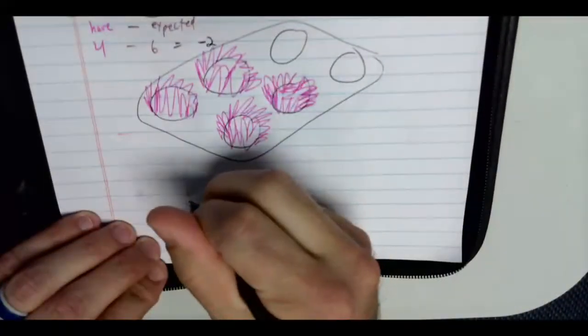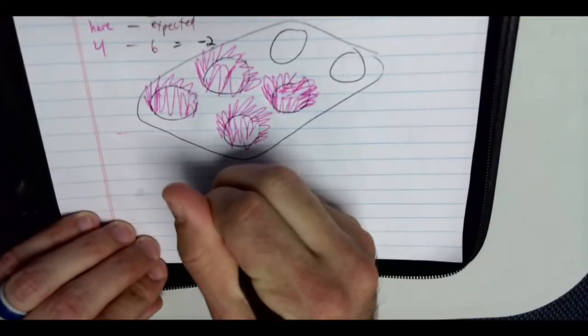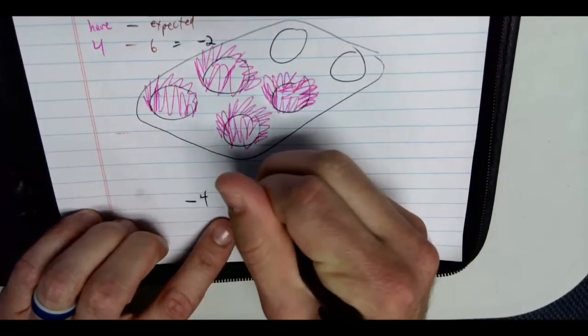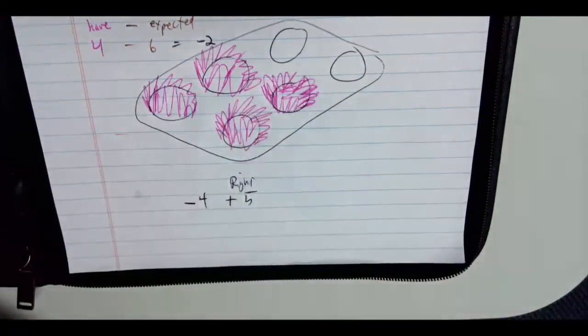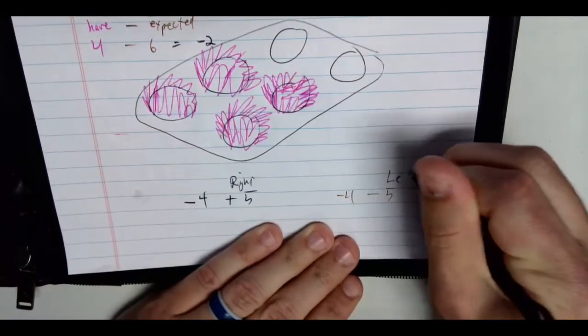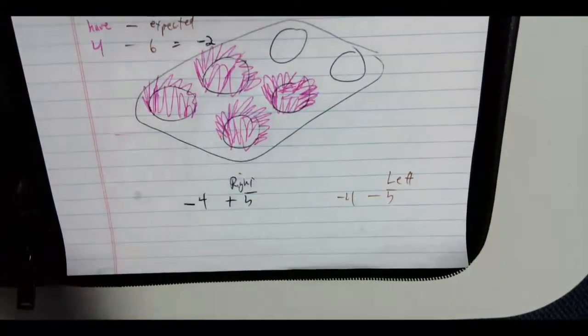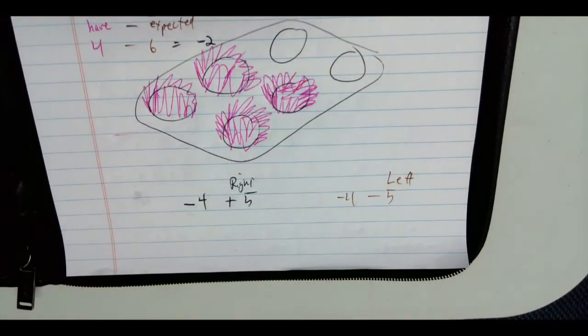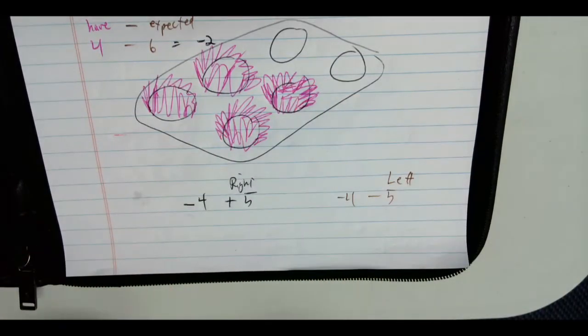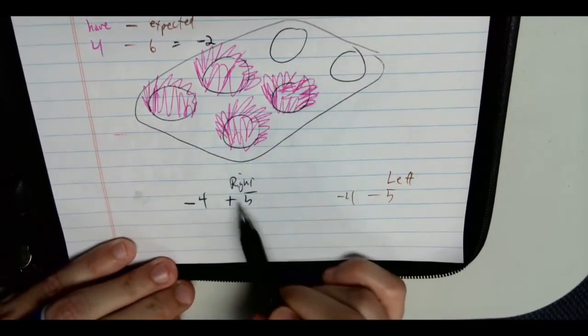But the rules are, so let's say we had -4 plus 5. Anytime you add, we're going to move to the right on the number line. Anytime you subtract, we're going to move to the left. But the part that I think some kids get hung up on is what if you're adding and subtracting a negative number? So what we want to be able to do is write it with a single symbol.